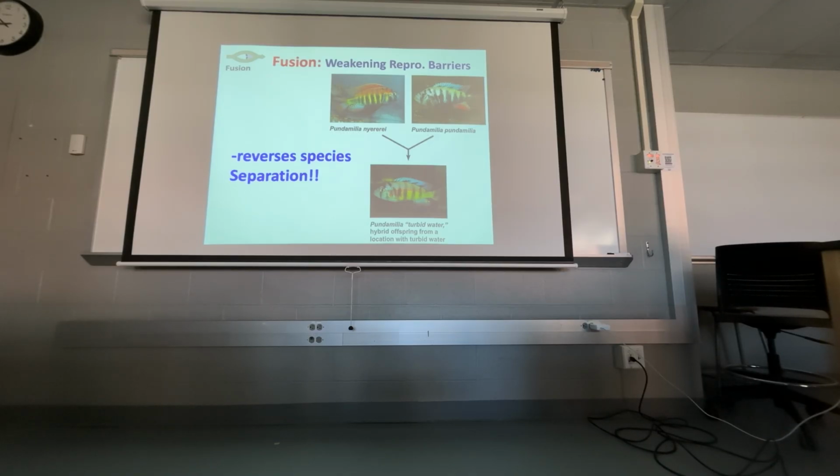They can breed, and I think there are even a few recent studies that suggest they can outcompete the two parental species. So you can imagine maybe 10,000 years from now, there will be no more separation of the two species. You'll only have the hybrids, one species instead of two. That will definitely happen if the reproductive barriers continue to weaken over time.